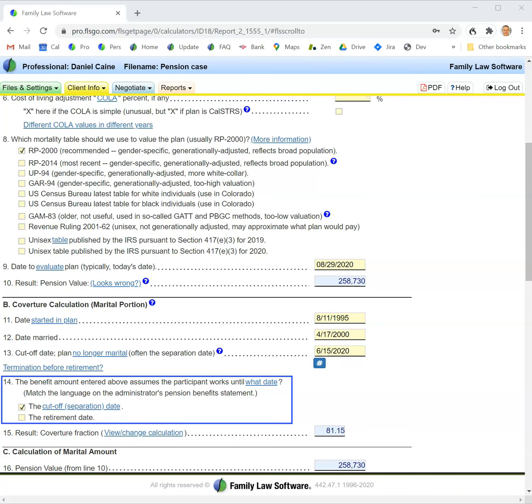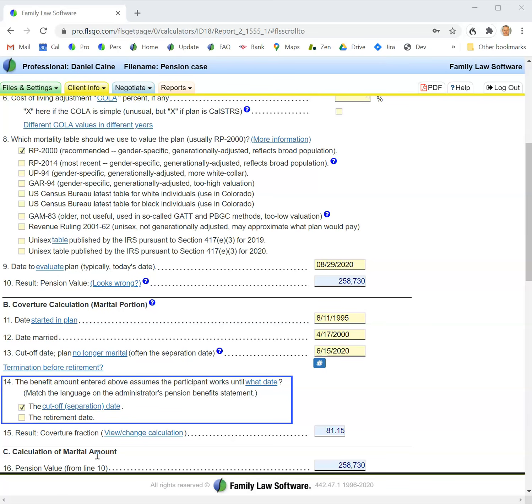And then we would specify here, for purposes of the calculation of the marital portion, that the participant would work until the retirement date. What happens then is that you have typically a higher benefit amount because benefits tend to increase as the number of years in service increases, but you have a lower marital portion because a number of earning years happened after the marriage, which is outside the marital term.